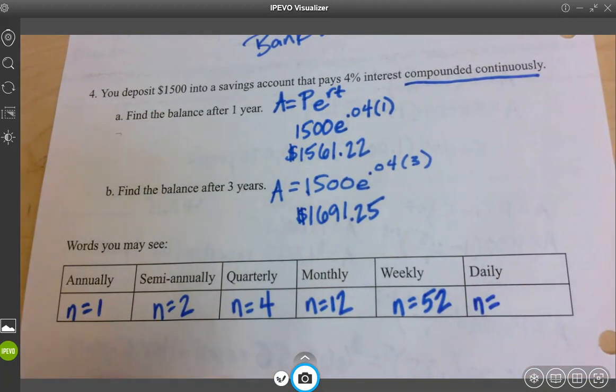Daily's a weird one. It's because of leap year, right? So Sky says either 365 or 366. Are there more years with 365 or more years with 366? 365. So if we were to average 3 years at 365 and 1 year at 366, what would we get?